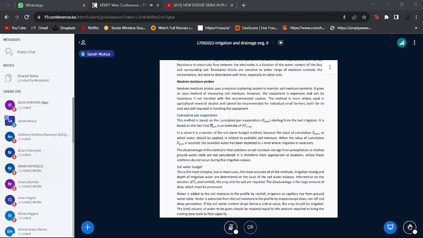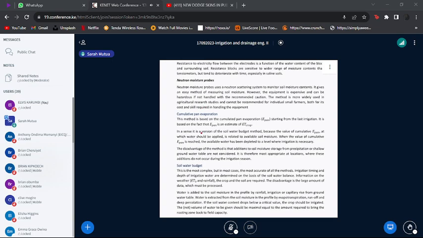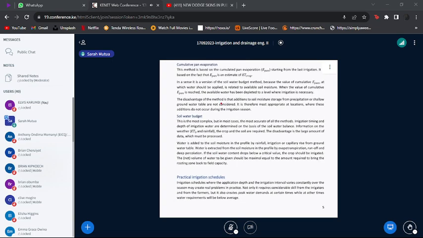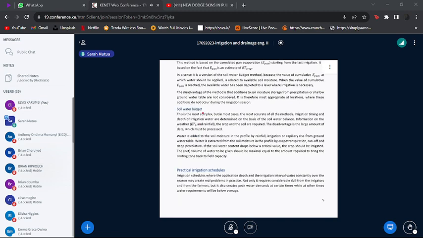Then we have cumulative pan evaporation. So you have a pan evaporator in your irrigation scheme, and you are able to determine the open water evaporation, which you can change into ET crop. Then we have the soil water budget, whereby a special case is the use of lysimeters.